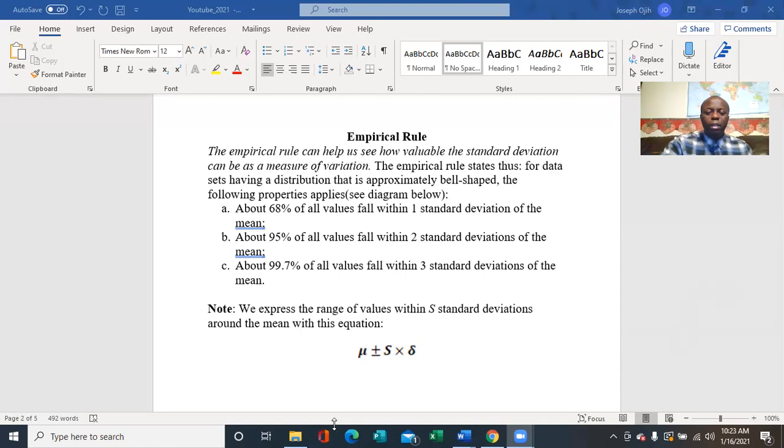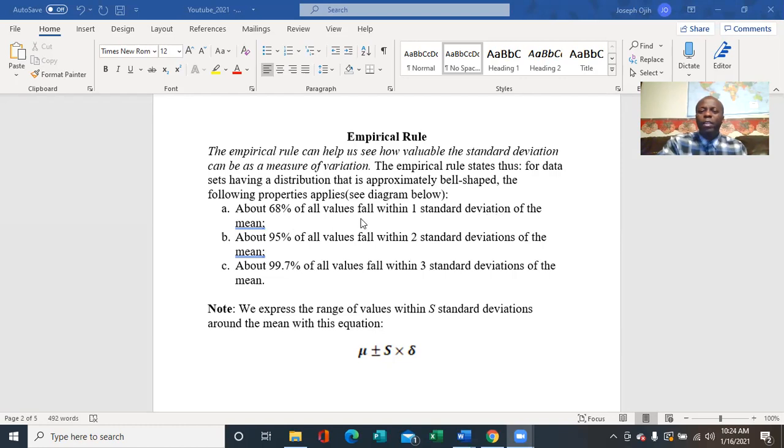It is applicable to data sets that are considered to be normal, bell-shaped, or symmetric. According to the empirical rule, for a data set having a distribution that is approximately bell-shaped, symmetric, or normal, the following properties apply.